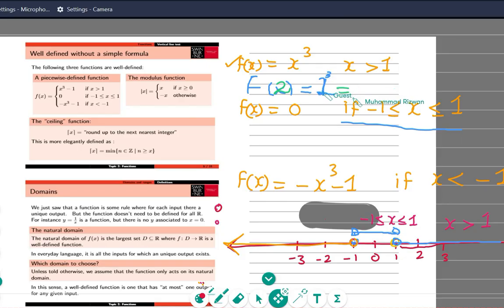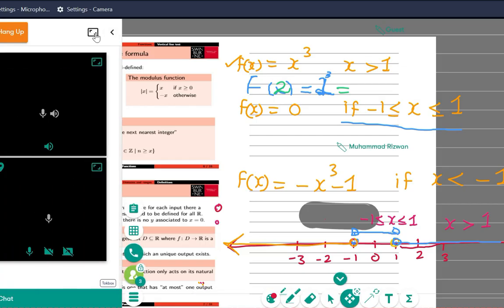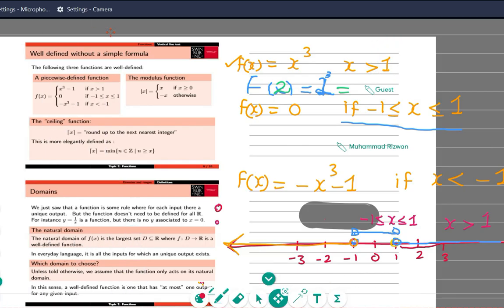What is the answer? 8. Is it a single output or more than one output? Single. This part's function is x cube, so for x greater than 1 when we put values in x cube, we are getting a single output.